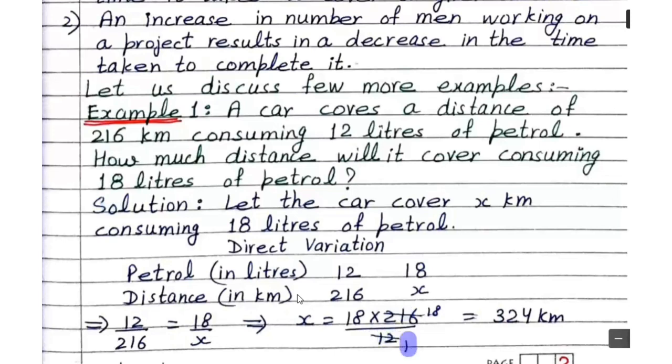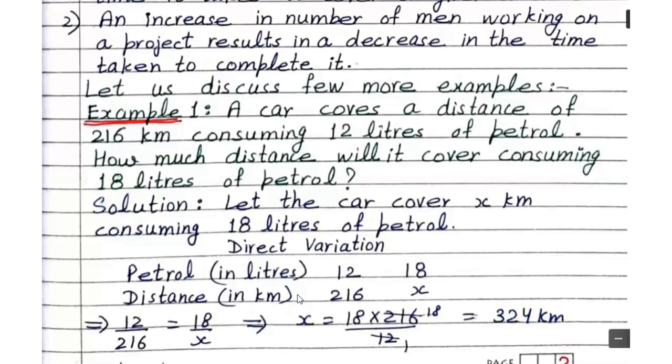Now 12 ones are 12 and 12 18s are 216. So the answer is 324 kilometers. Therefore, the distance covered in 18 liters is 324 kilometers. I hope you have understood.